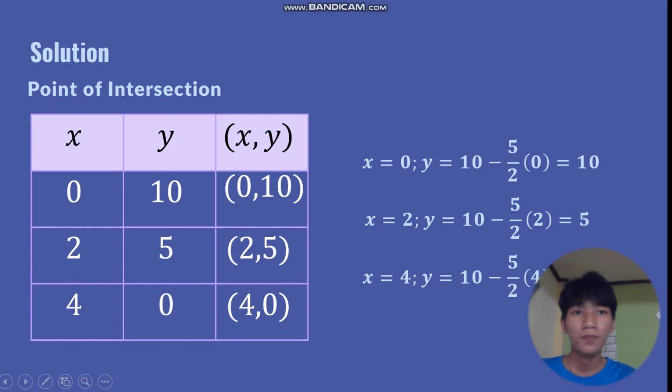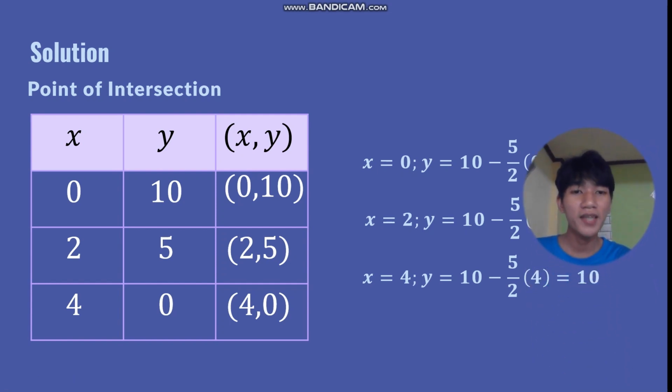We have to substitute the value of x into the y equation and we have 10. If x is 2, y is 10 minus 5/2 times 2, and we have the value of y is 5.